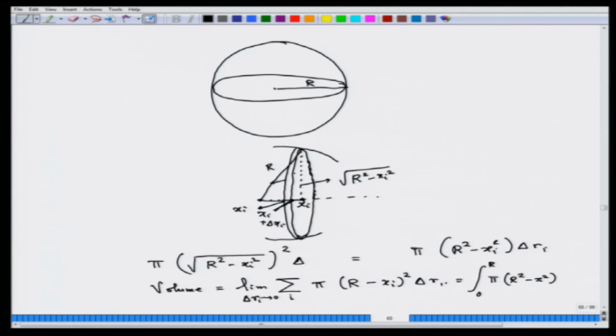Of course, there is another way of taking an xi between this slab, that also does not matter, and you can call this length delta xi, you can take any x. So, anyway, I should not write delta Ri, the symbol should be the same, I should write xi here instead of Ri. So, this is delta xi.